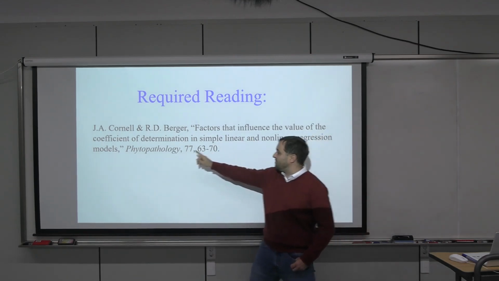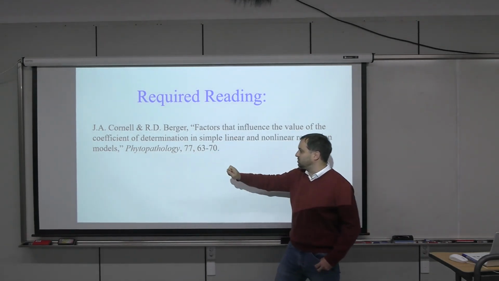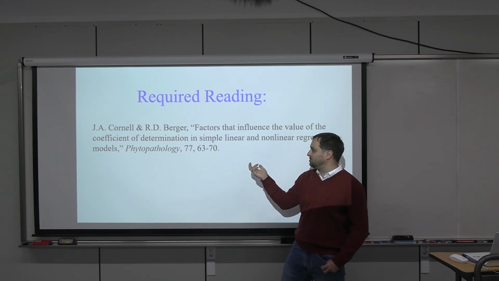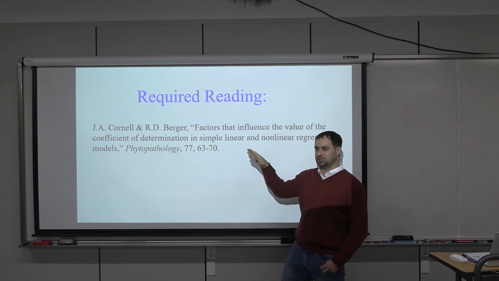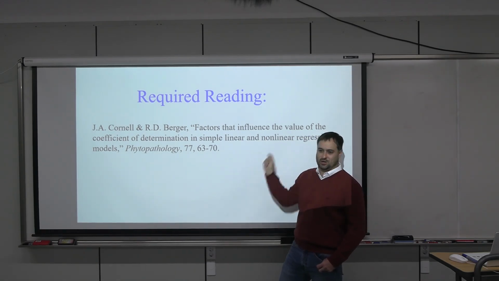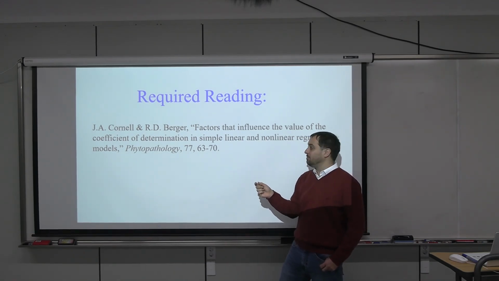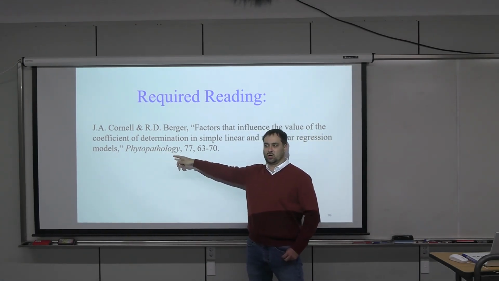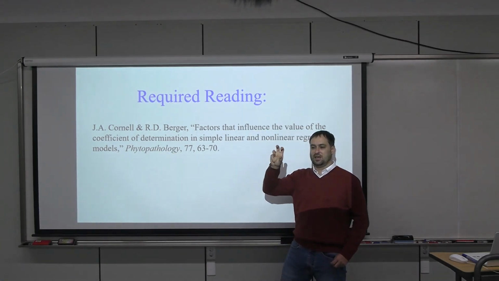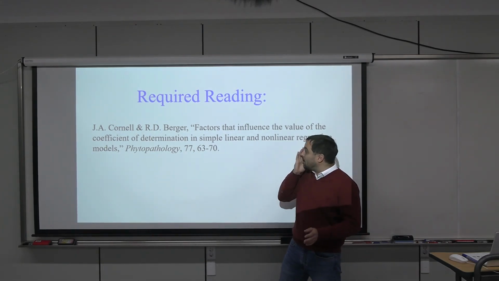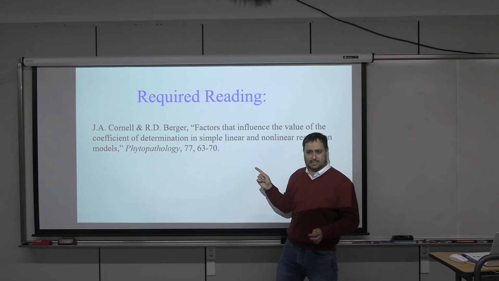This is from the Phytopathology Journal, phyto meaning plant, pathology meaning I believe the study of disease. This article is only about linear regression and R squared, but it's published in a journal that covers diseases in plants. I think this paper is from 1986.